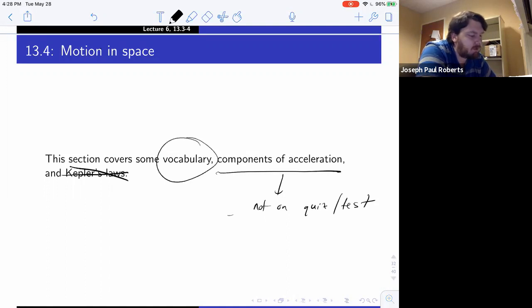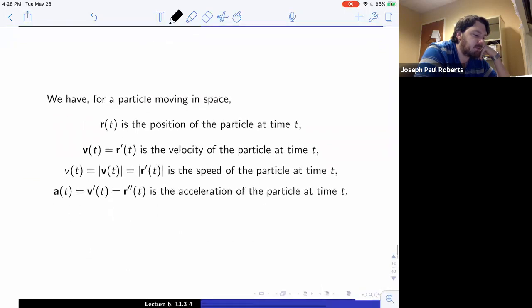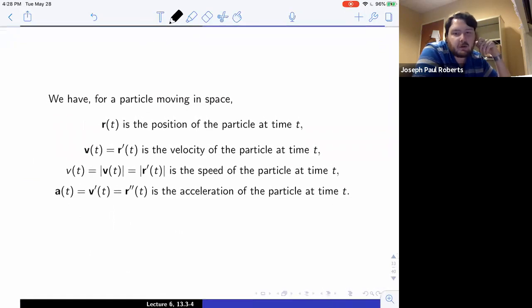So really the big thing to worry about from this section is just some vocabulary. We've hinted at some of this before: r you want to think of as the position of a particle, r prime, you know from physics that the derivative of position is velocity. And then the length of velocity is something called speed. So the length of r prime is the length of v. We'll call that scalar v.